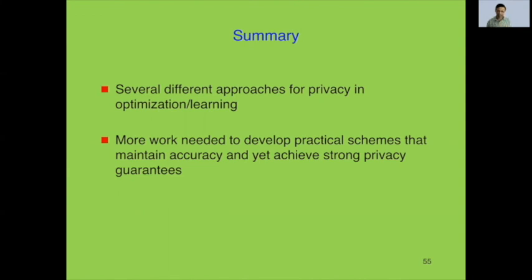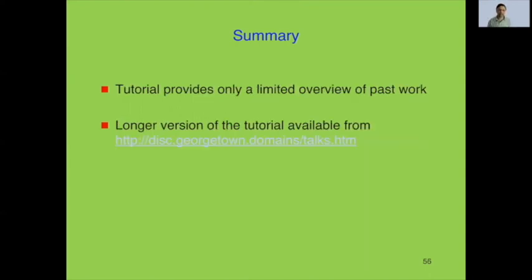And as I said before, this presentation is not comprehensive by any means. In fact, more work is needed in both privacy as well as security of distributed optimization and learning. Plenty of open questions. The open questions in both cases have to do with improving performance of these algorithms as well as maintaining accuracy.